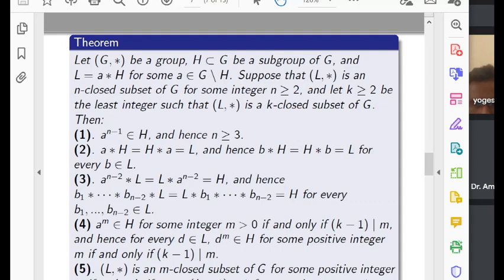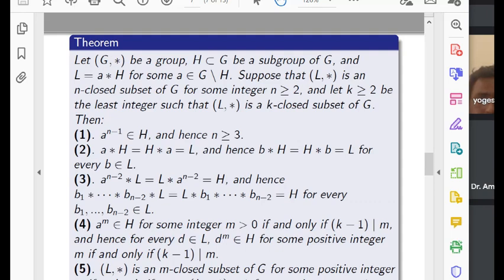Because remember, my goal is to show that if you have a subgroup of a bigger group and the index of this subgroup inside the bigger group is finite, then this subgroup will be normal if and only if every left coset is n plus 1 closed subset.